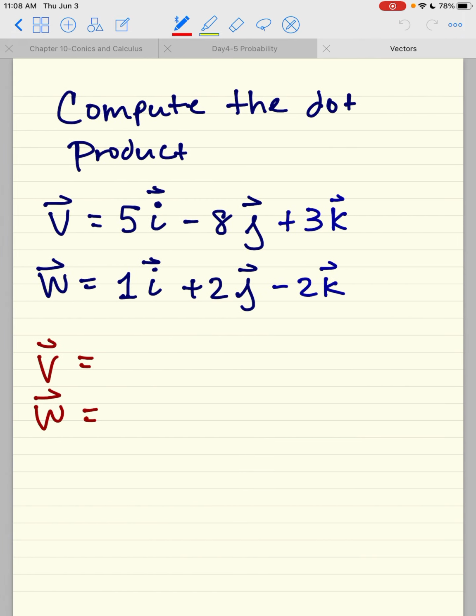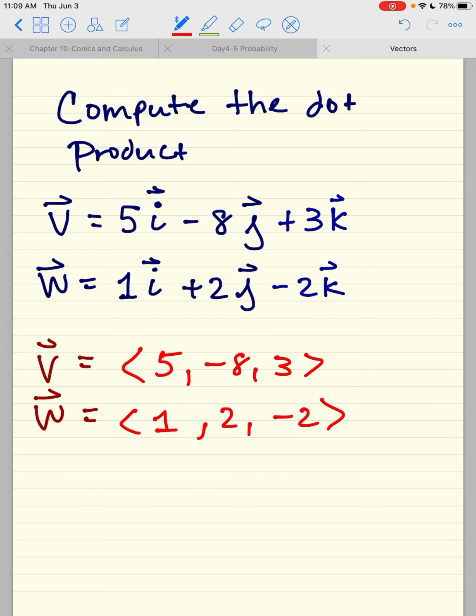Let's try another one. Compute the dot product. 5i minus 8j plus 3k and 1i plus 2j minus 2k. So what I'm going to do first is I'm going to write 5, negative 8, 3. I'm going to write down 1, 2, negative 2, and then I'm going to do the dot product, which will result in a number.